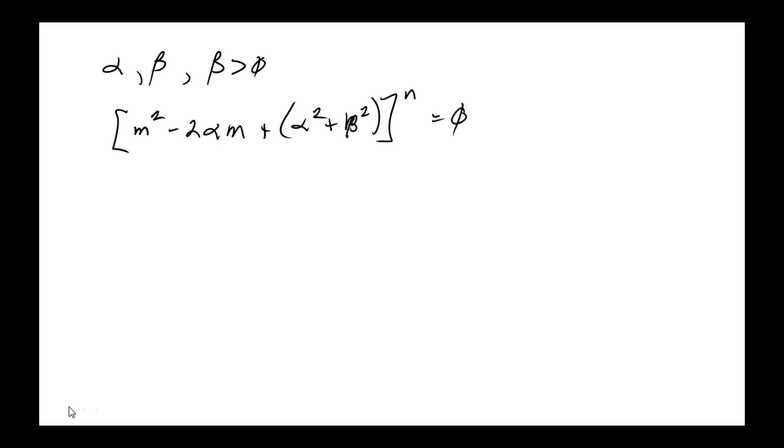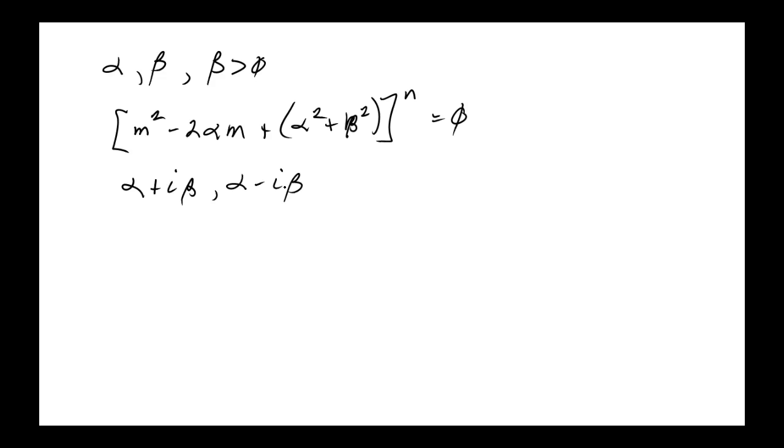When these are real numbers, beta a positive real number, alpha any real number, the quadratic formula reveals that m squared minus 2 alpha m plus alpha squared plus beta squared, raised to the nth power, equal to 0, has complex roots alpha plus i beta and alpha minus i beta.